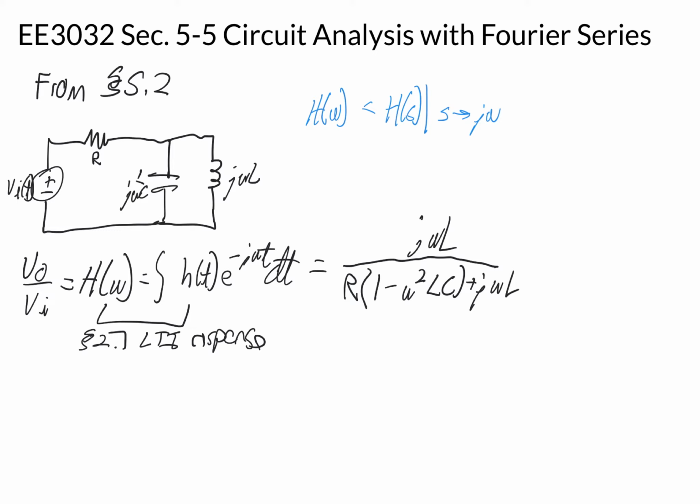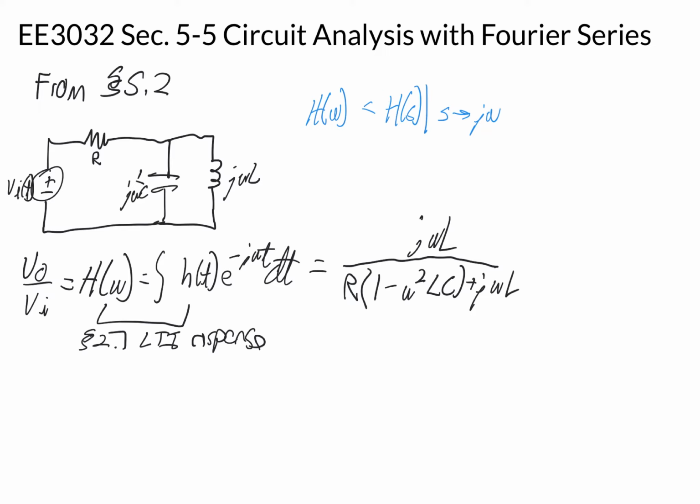Okay, so now we have this response or transfer function for our circuit. Maybe we found it for an arbitrary circuit by taking this integral of the impulse response, or maybe we found it for other systems by knowing their behavior in the Laplace domain.